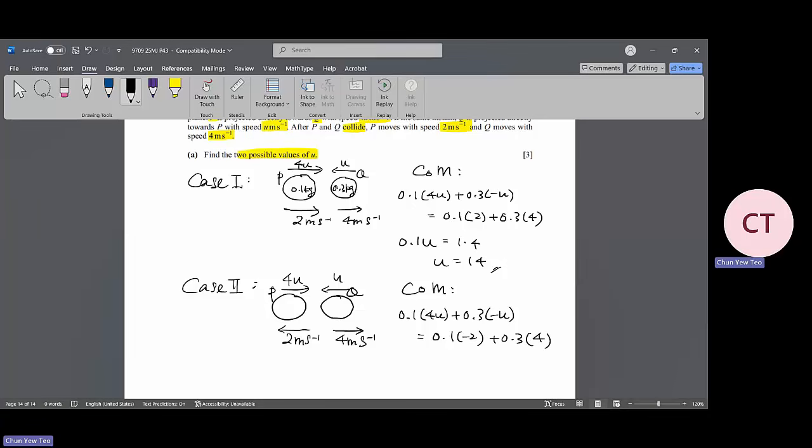So you get 0.1u equals 1.0. So u is 1 over 10, or you can write 0.1. So these are the two possible answers.